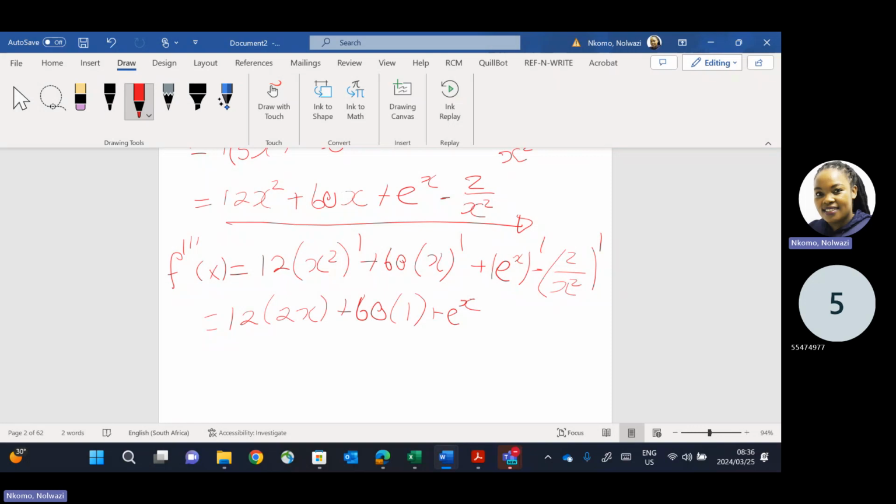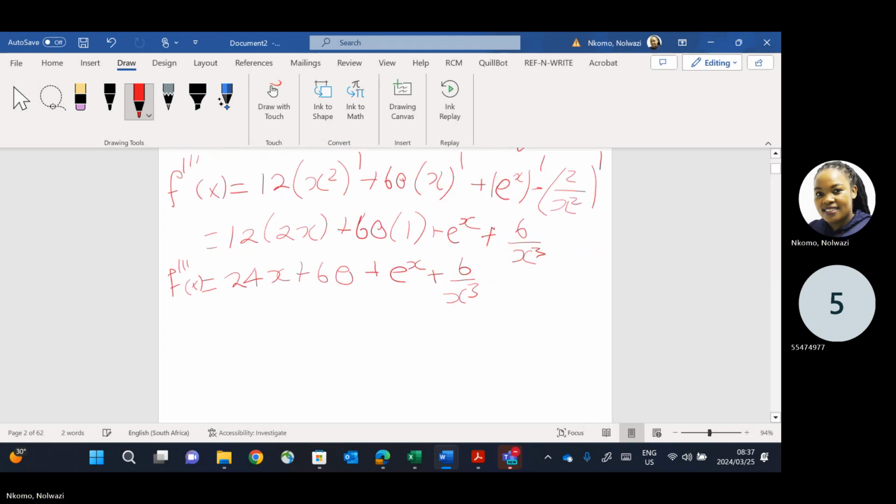Then now we differentiate 2 over x squared. If you differentiate that, you'll have plus 6 over x cubed, right? Then you simplify. If you simplify, you'll have 24x plus 60 plus e to the power x plus 6 over x cubed. And this is the third order derivative.